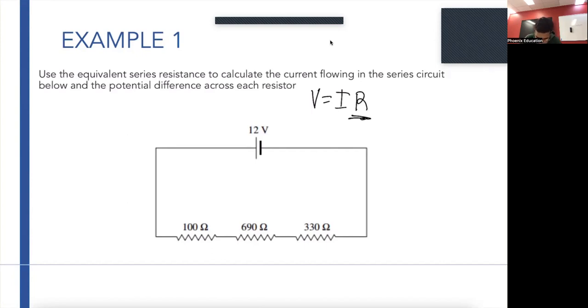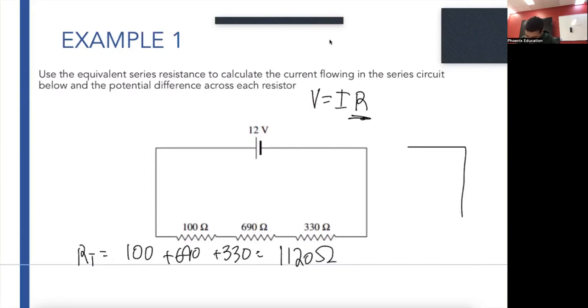So the total resistance would be 100 plus 690 plus 330. This would give us 1120 ohms, okay? And essentially what this means is that we have a circuit with one big resistor of that many ohms, okay?